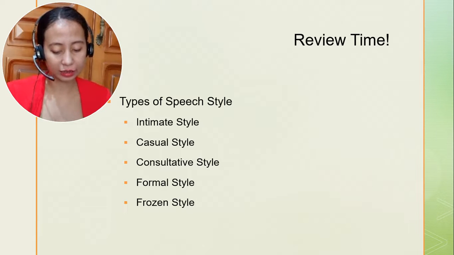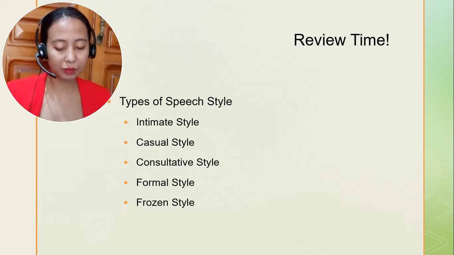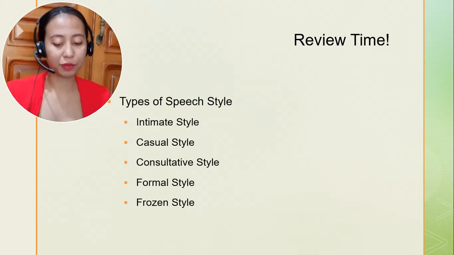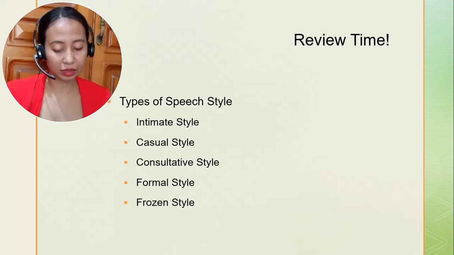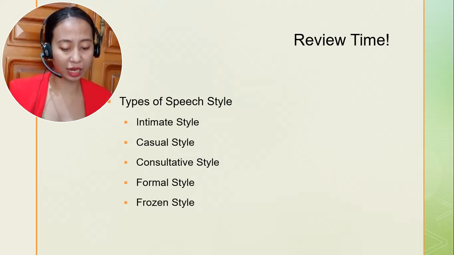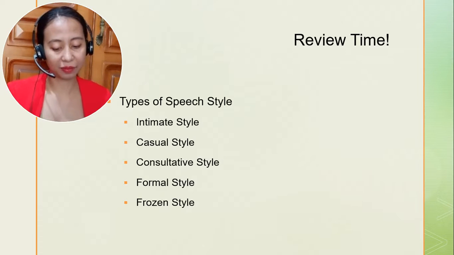There are 2 devices of casual style, the ellipsis and slang. In ellipsis, there are unstressed words in a sentence that can be omitted, particularly at the beginning, like saying, I would like to thank you. You can say, thanks. Like, I was thinking about you today. Huh? It indicates the passage of time.